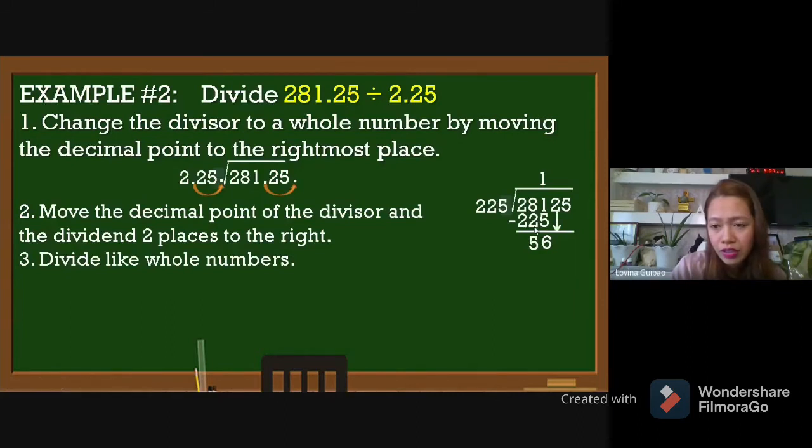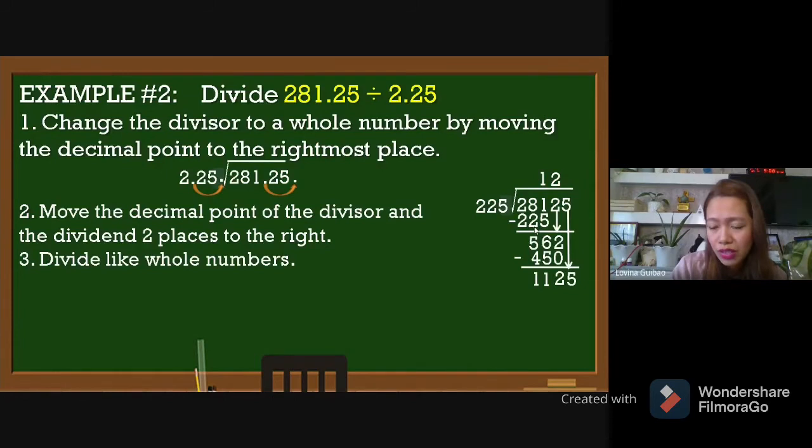Bring down another digit. There's 2. 562 divided by 225 is 2. 2 times 225 is 450. Subtract. 2 minus 0 is 2. 6 minus 5 is 1. 5 minus 4 is 1. You have 112. There's another digit left.